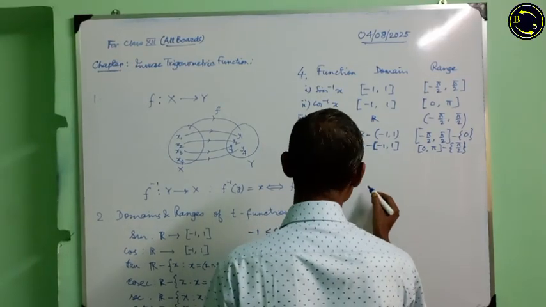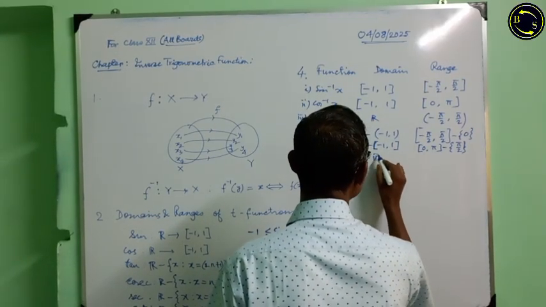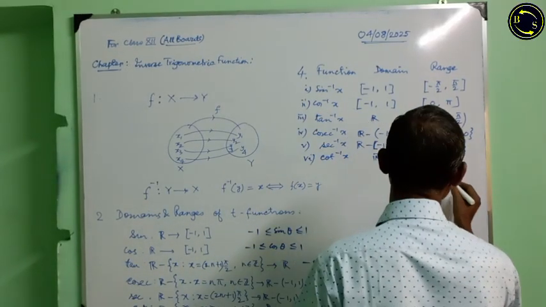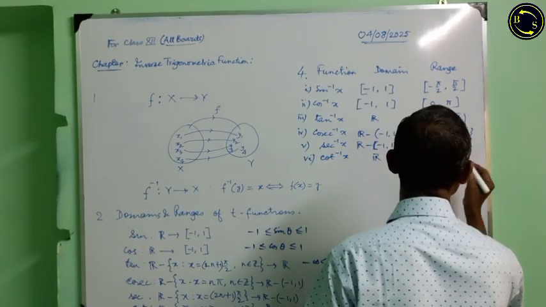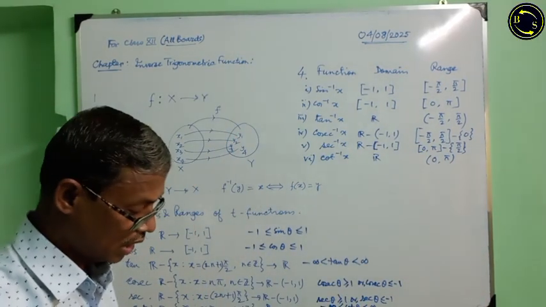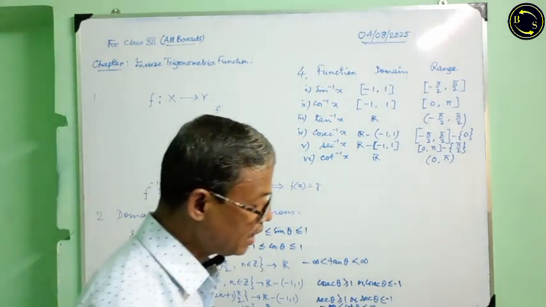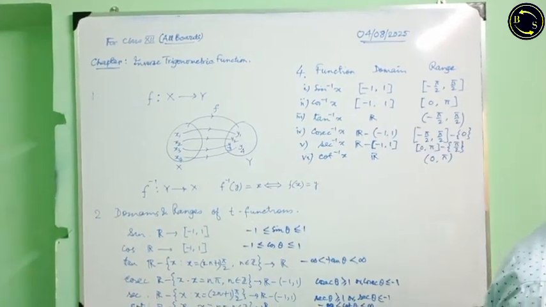And for cot inverse x, domain is set of reals and its range is 0 to pi. Here I have written domain and range.